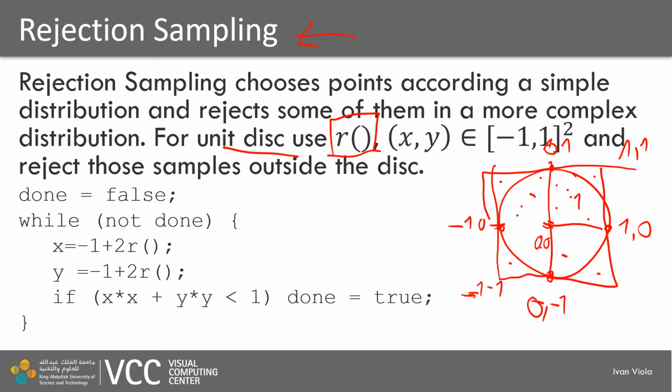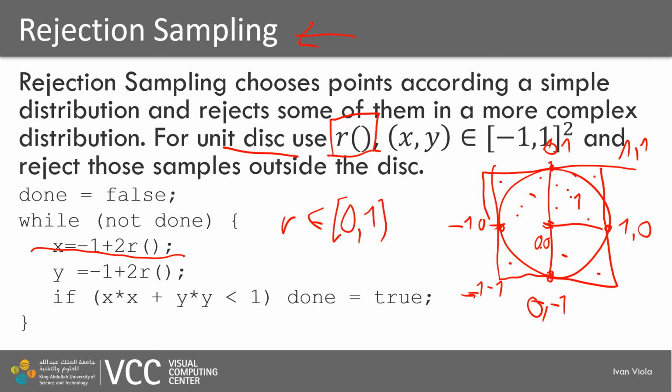And this is what this routine is doing. We just pick one sample. We have a loop here, and we are defining one coordinate of our random sample, the x coordinate, as minus 1 plus 2 times r. The r function is the canonical random variable which gives us values from 0 to 1.